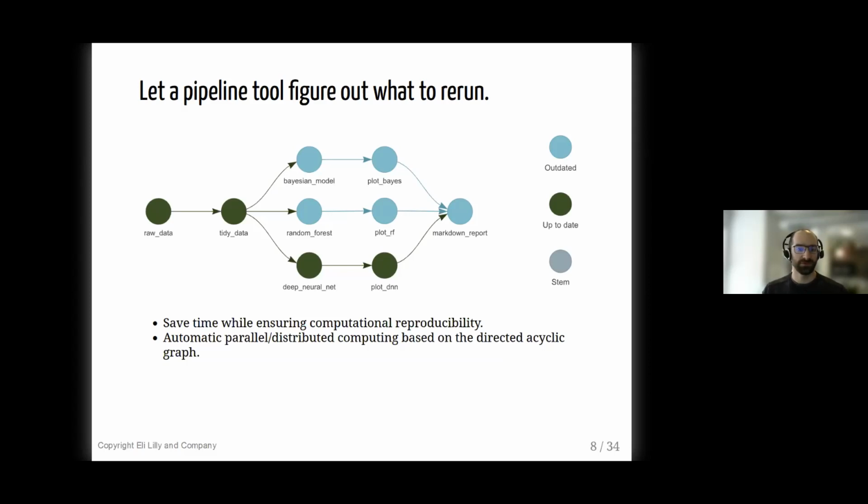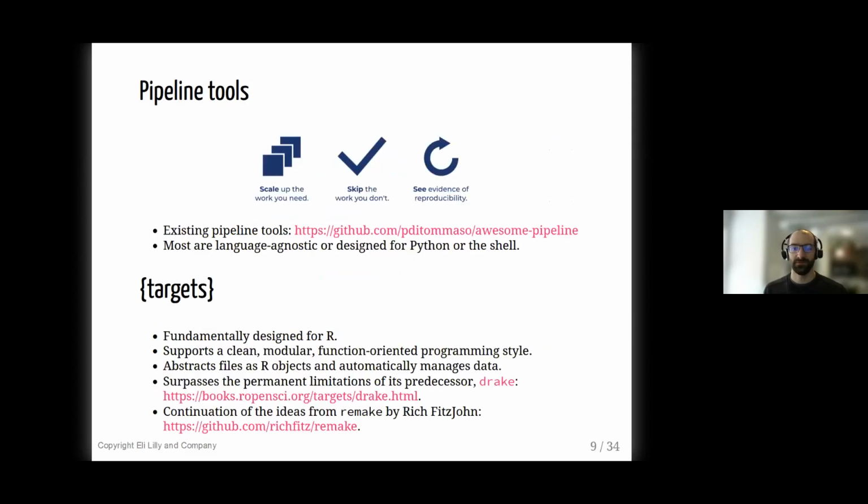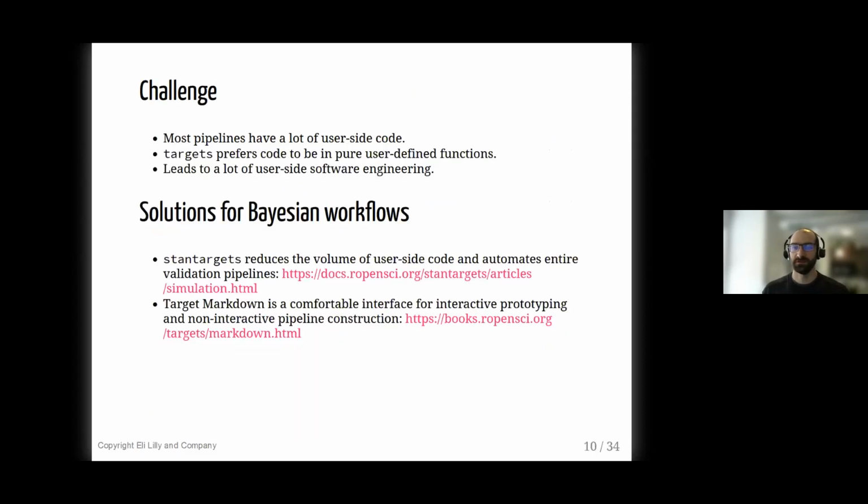So I'm about to switch gears. That is why targets exists and the advantages. But there are challenges, and the main challenge is that there's a lot of programming left to the user, which is not unusual.